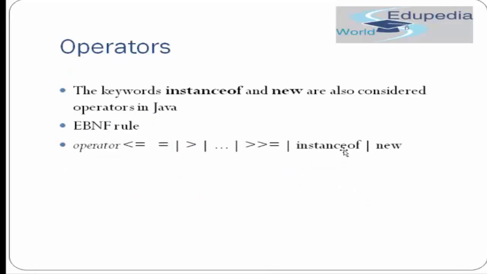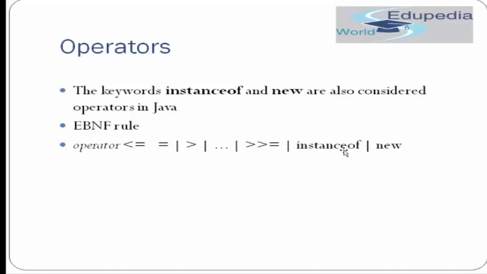Other than these operators, we also have two keywords: one is instanceof and the other is new. These keywords are also considered operators in Java. So what is the function of these keywords? The new keyword is used to create an instance of an object. Whenever we use the new keyword, it usually creates an object.